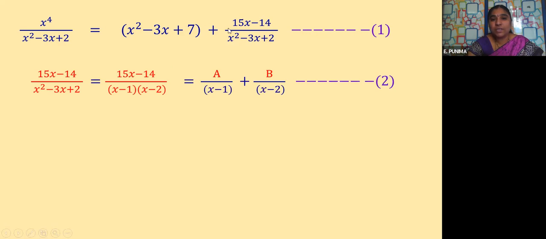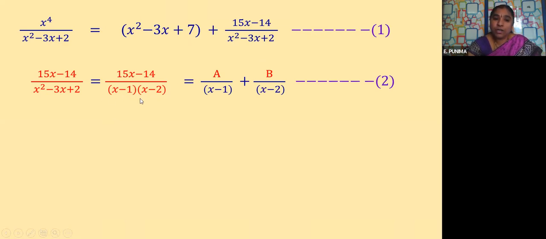Now here what is this term? This is a constant. This is the quotient we already got. Now this is a proper fraction which has to be divided into partial fractions, yes or not? So how can you write the partial fractions? Because it is our quadratic, it is nothing but the product of two linear factors, which is given in our question itself. So in place of this, I'm taking the two linear factors x minus 1 into x minus 2.